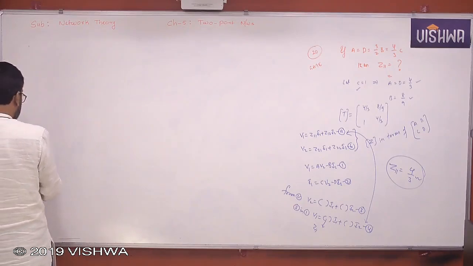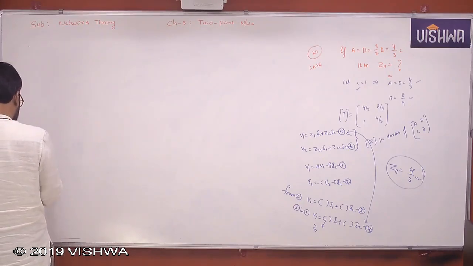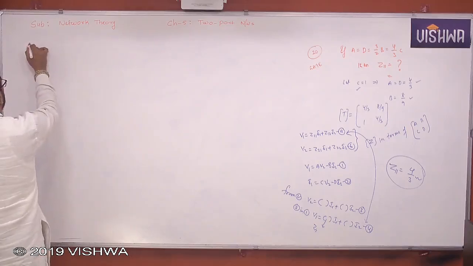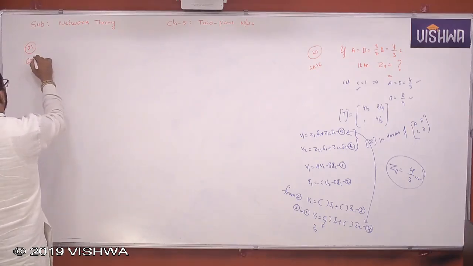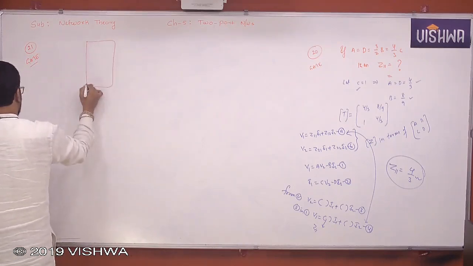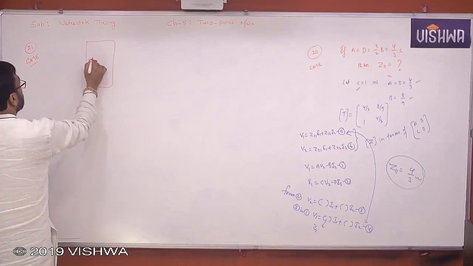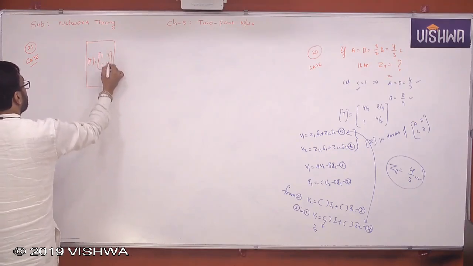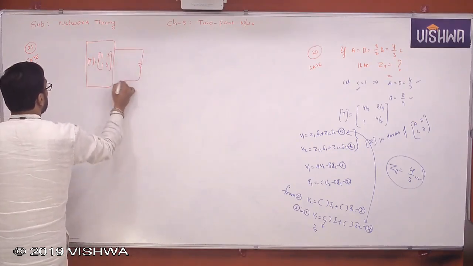The 20th problem was asked in GATE and the 21st is also. These problems I won't solve because you can do it. I've already done similar cases. I just want you to understand how the GATE problems are given. But we already had a lot of discussion on similar cases. Transmission parameters are given.